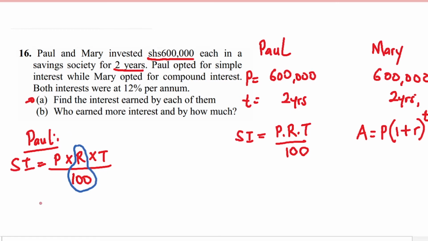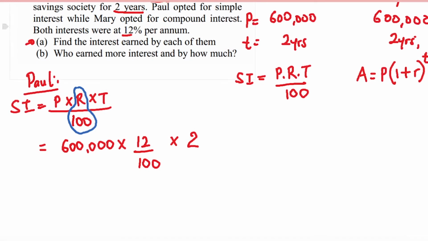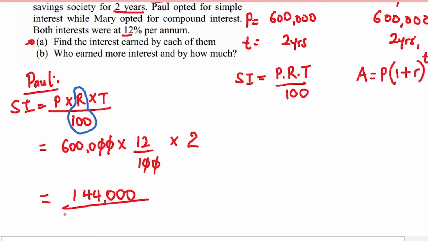So the principal is 600,000, multiplied by the rate of 12%, so that's 12 over 100, multiplied by the time, which is 2 years, because the interest is per annum, per year. So the rest is maths: cancelling out, those 2 zeros die with that 0, and then we shall end up with the interest earned by Paul after 2 years.